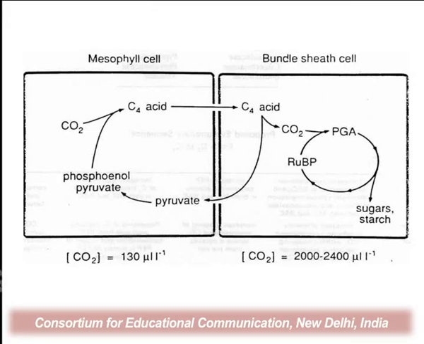Imagine from 130 microliters to the tune of about 2,400 microliters. That was an enormous concentration, making a carbon-rich atmosphere near the rubisco, so that the process of oxygenation was minimized and carboxylation was given a leeway.